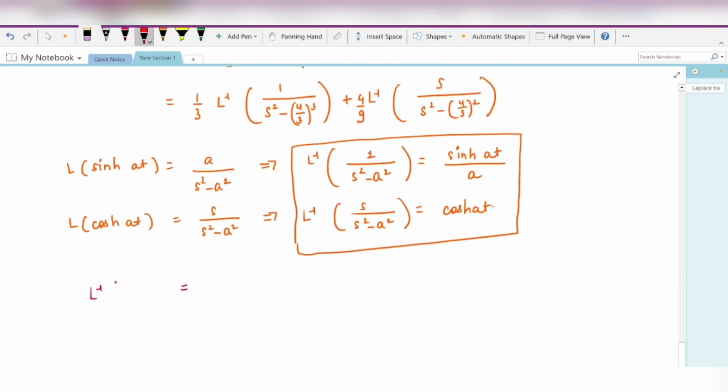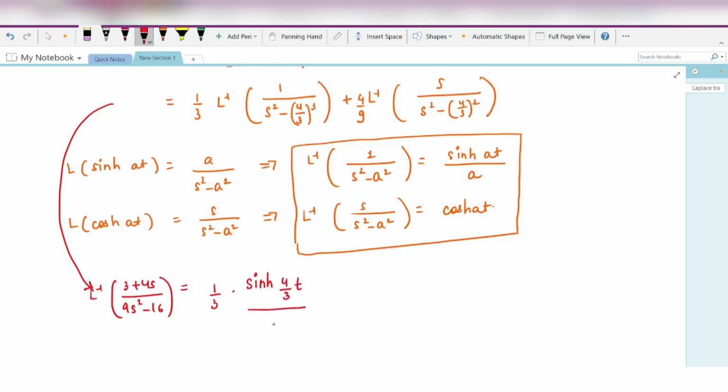so the Laplace inverse of the function 3 plus 4s by 9s square minus 16 is equal to, from here we are having 1 by 3 Laplace inverse of 1 by s square minus a square. So this will be sinh 4 by 3 t by a, which is the same as 4 by 3, plus 4 by 9. Now this is cosh, a is 4 by 3 t.